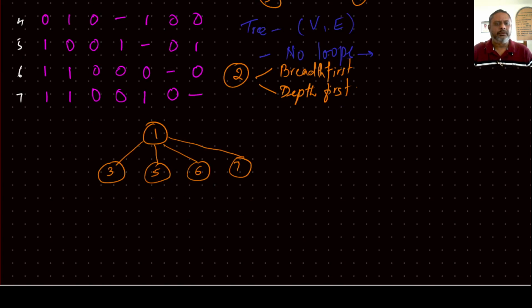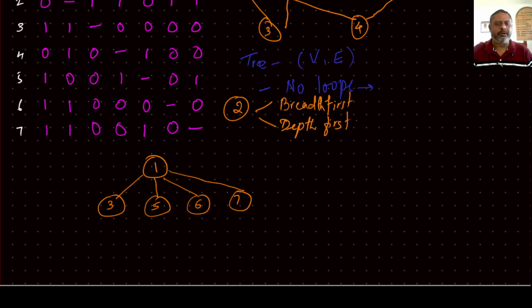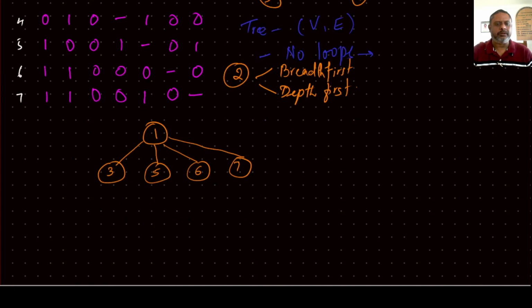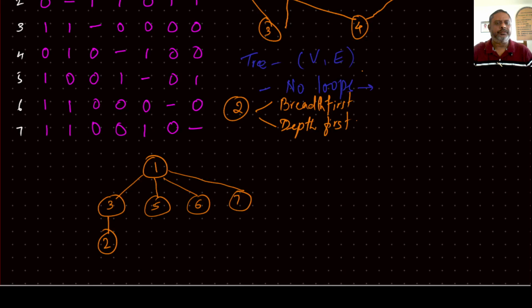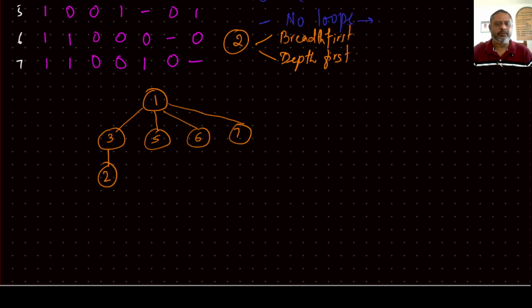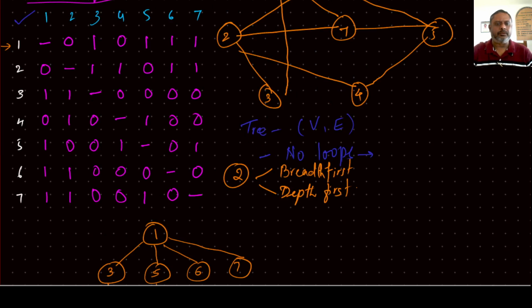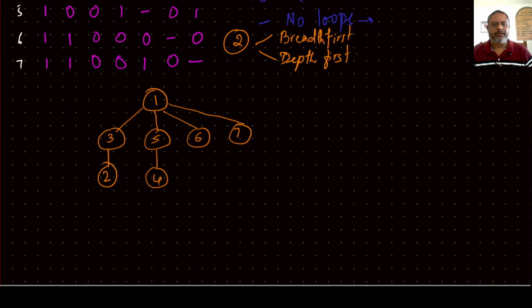Then go to 3. So from 3 where all we can go, so 3 to 1 we already marked. Then we can go to 2. Yes, 3 to 2 we can go. Anything else? Nothing. Then 5. From 5 we can go to 1. From 5 we can go to 4. From 5 we can go to 7.